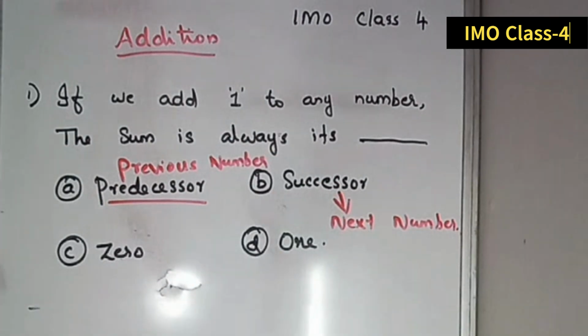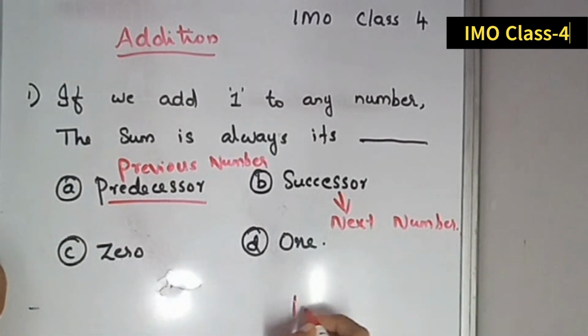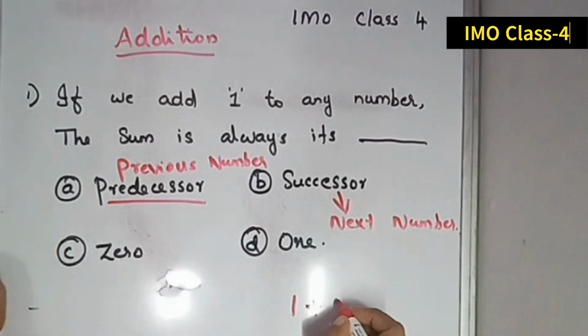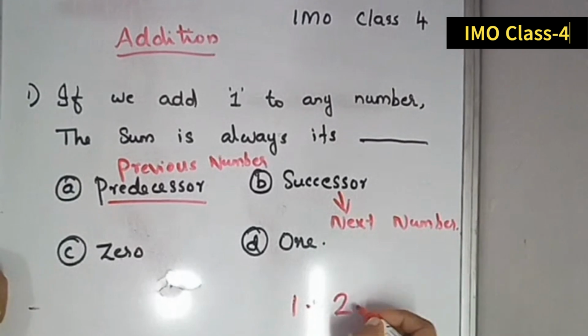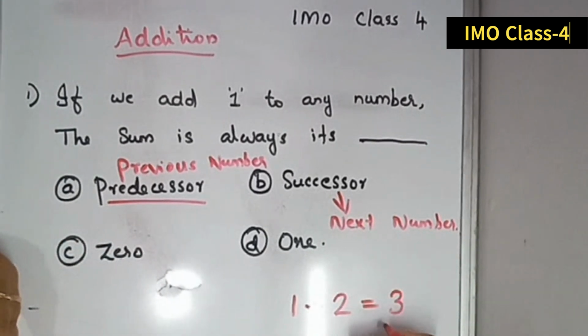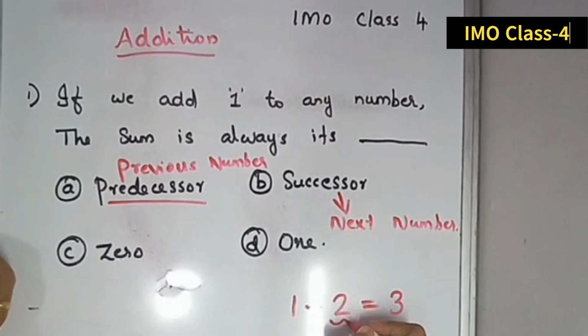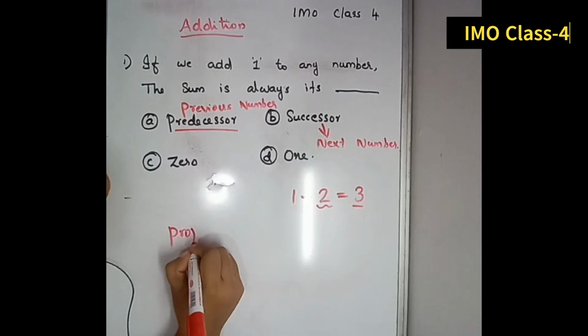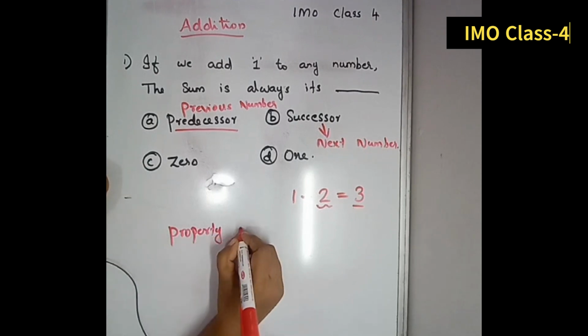We all know that in the case of addition, if we add 1 to any number, say the number is 2, the answer is 3. That is the next number of 2. That is the property of 1.